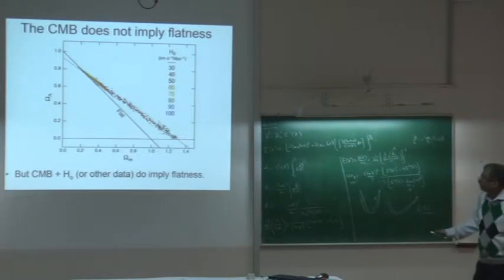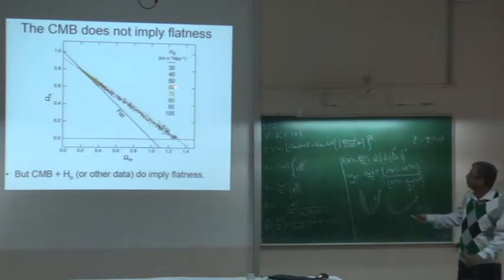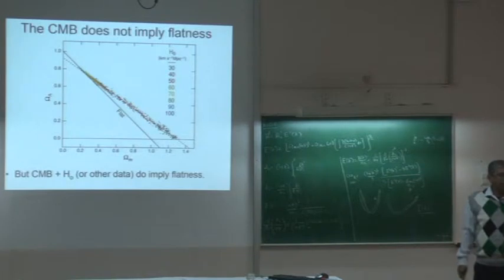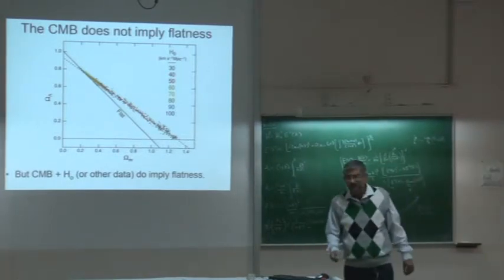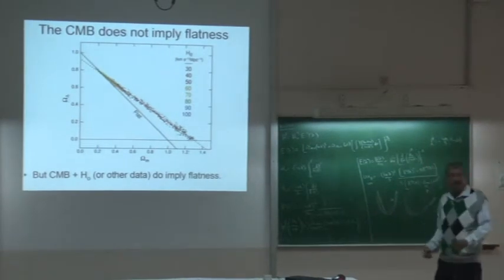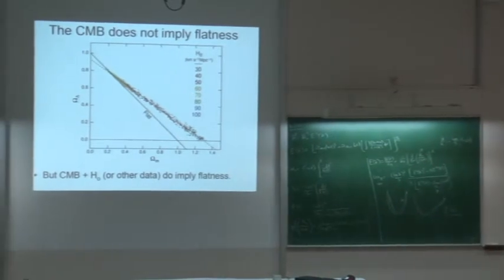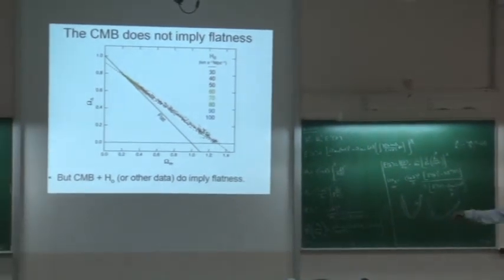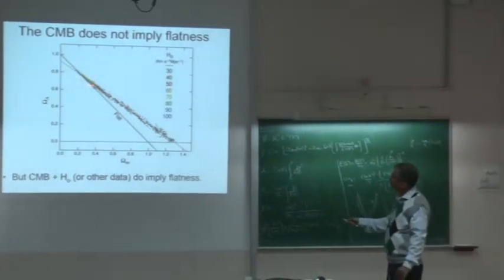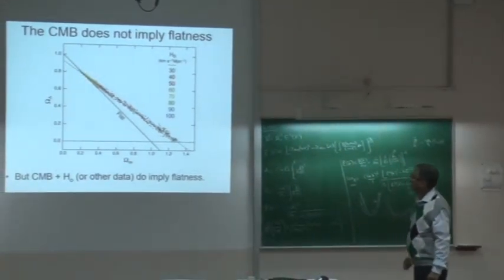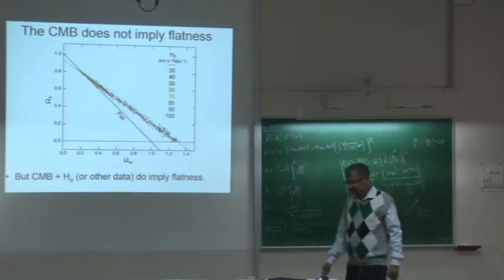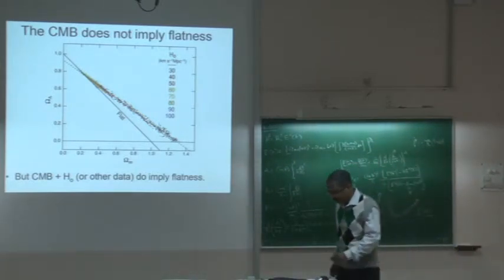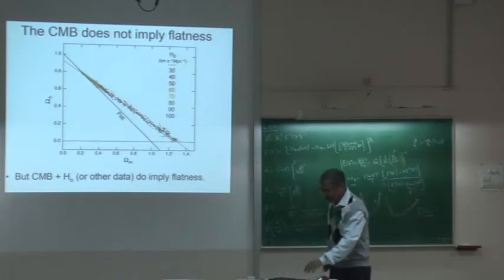If H0 is 60 or 90, the universe may not be flat. We can have an independent measurement of H0 from other cosmological observations. Putting all of this together, you get that the universe is flat, because H0 is around 70 from Hubble Space Telescope data. So that is the CMB part.